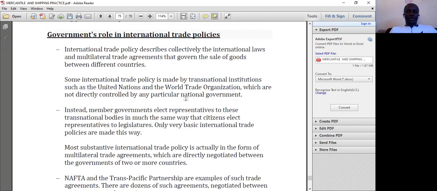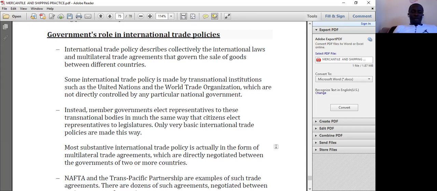Then government roles in the international trade policies. What role does the government perform in international trade policies? International trade policies describe collectively the international laws and multilateral trade agreements that govern the sale of goods between different nations.